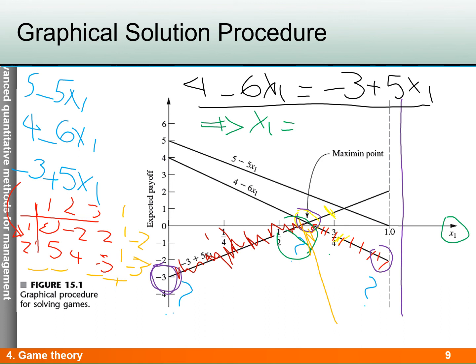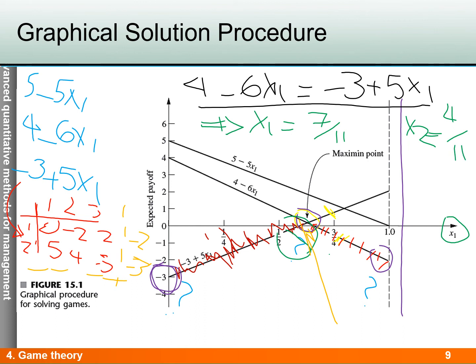My x1 is equal to 7 divided by 11, okay? And my x2, that is 1 minus x1, is 4 divided by 11, okay?